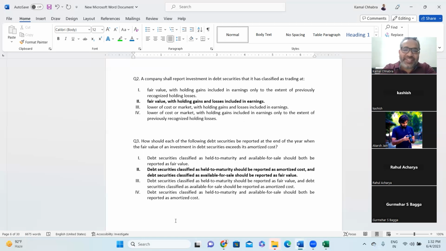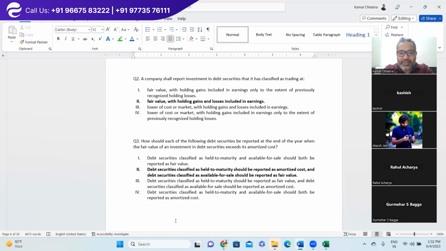Okay, second question. A company shall report investment in debt security that it has classified as trading security. When would any security be considered a trading security? If I simplify the question, the first option is fair value with holding gain included in earnings only to the extent of previously recognized holding loss.